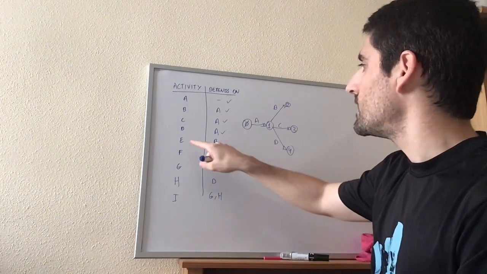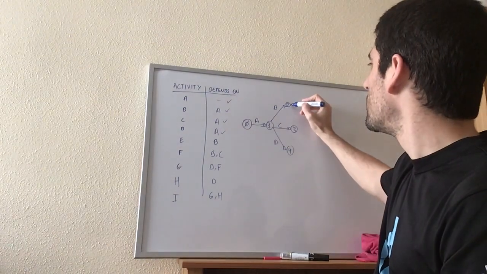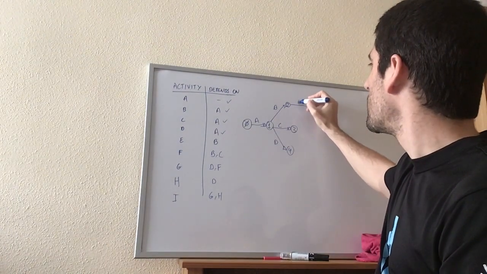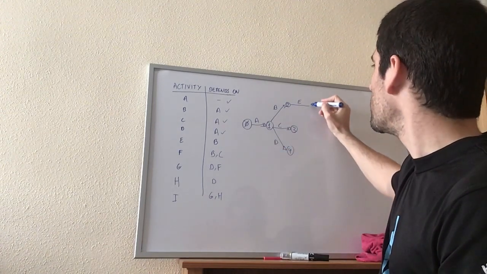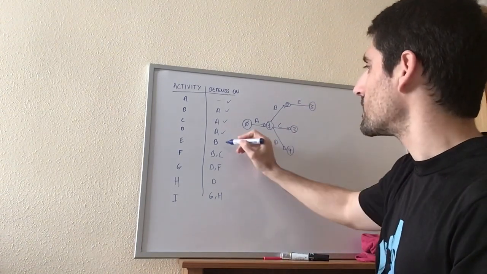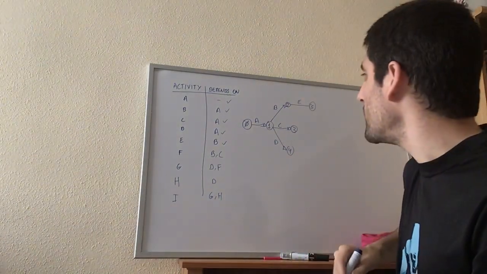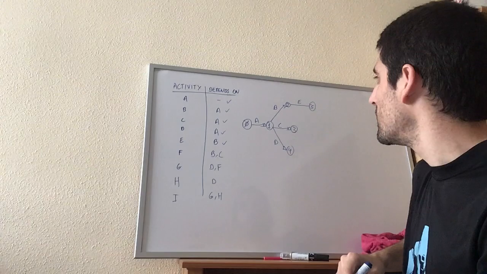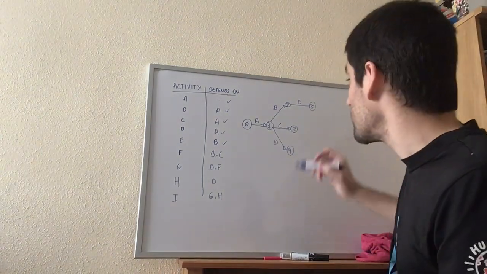Now activity E depends on B. E depends on B, and that would be node 5, so done. F depends on B and C. So, well, I'm going to have to use a dummy here, aren't I?